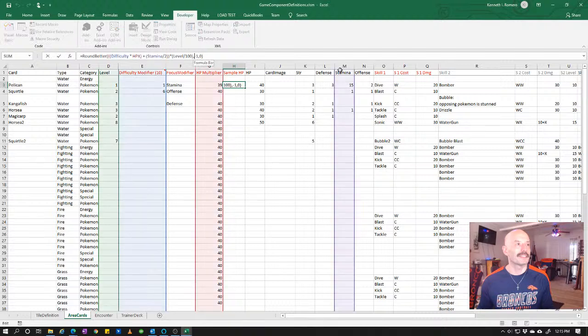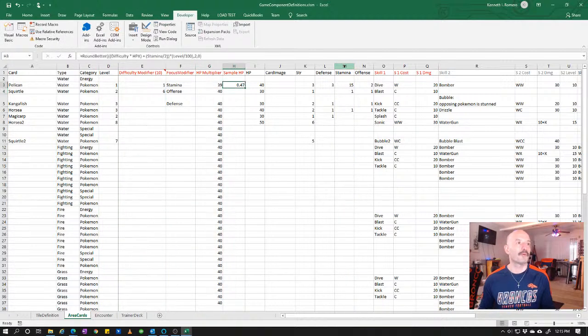So if we go and set this, so this is the lowest of low, and we would set that at, let's set this at 2. So it's 0.47. So 0.47, if we know that a Pokemon is level 1 with a, actually, that's not even true. What we actually want is for this stamina to be a 1. Because everybody's going to have at least a 1. So the lowest of low would be a 1 stamina.